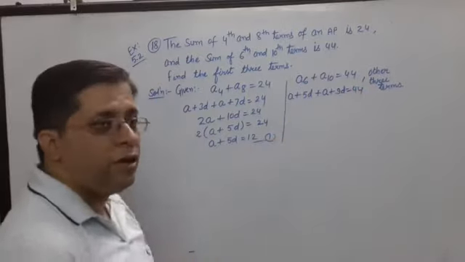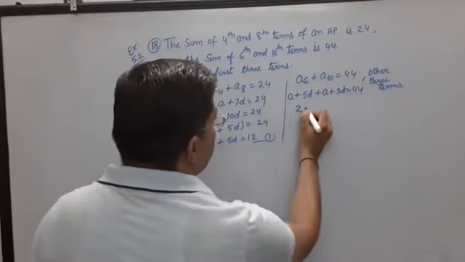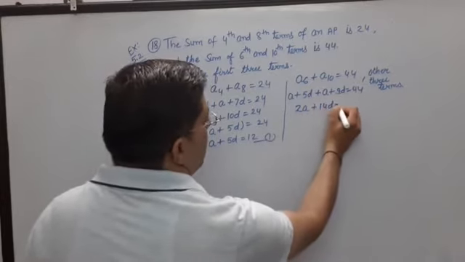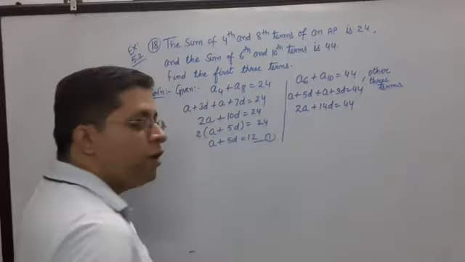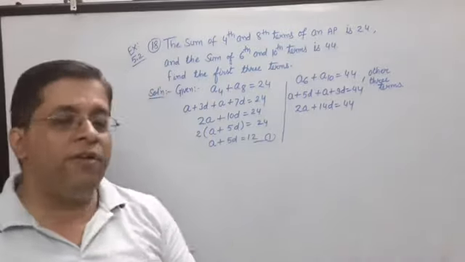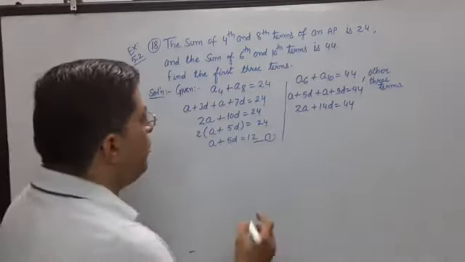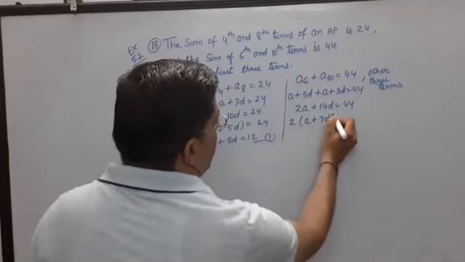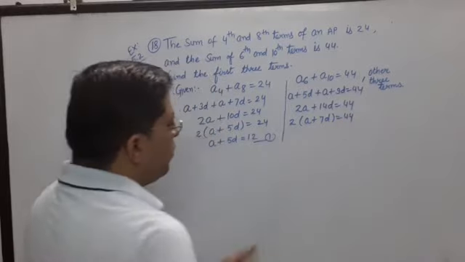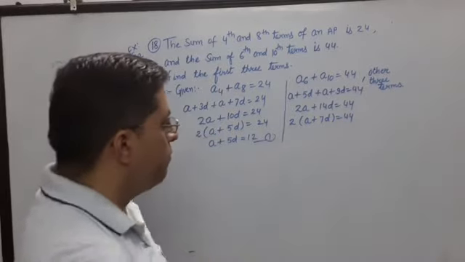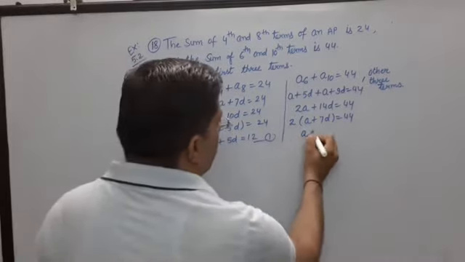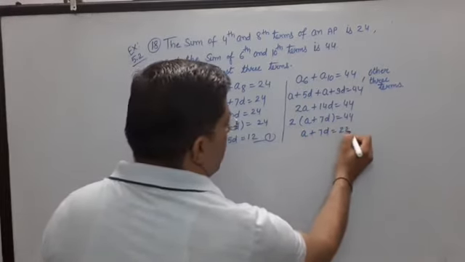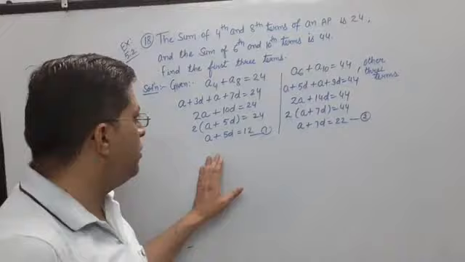Again A plus A, 2A, and 9D plus 5D is 14D, is equal to 44. Clear? Now again we take common 2: A plus 7D is equal to 44 divided by 2, this is 22, equation number 2.